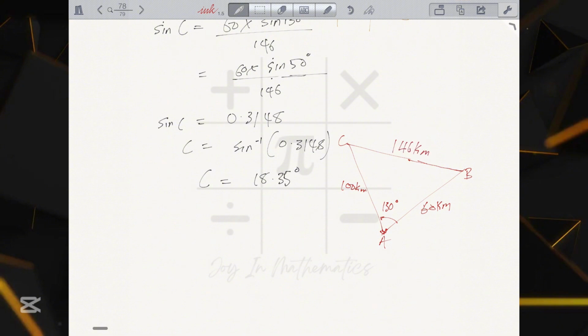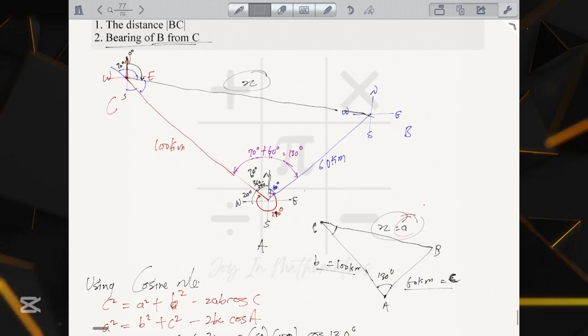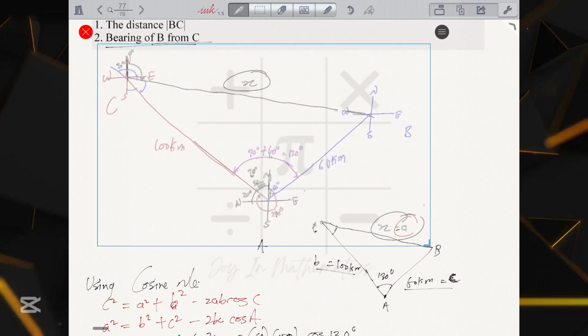And now we just evaluated that the angle is 18.35 degrees. Now, to evaluate the angle properly, let us duplicate what we have here so that we can use it for our analysis to get the bearing.